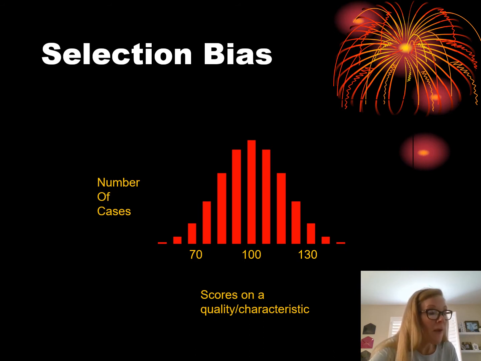So let's say you wanted to do a study of the effects on IQ scores of some sort of factor, like let's say small class sizes on 8th graders. Let's say that you thought smaller class sizes would have a positive effect on the IQ scores of 8th graders. IQ theoretically is distributed normally, right?